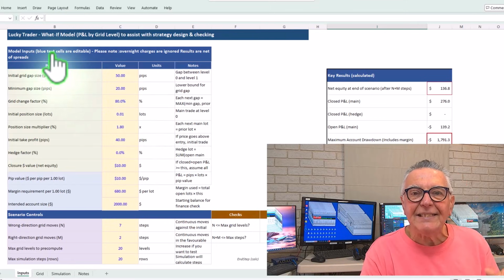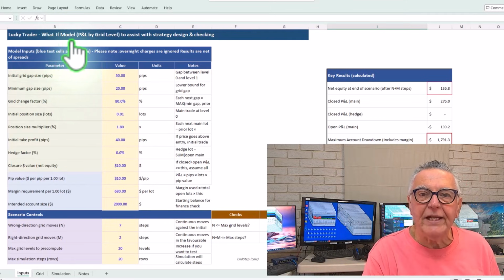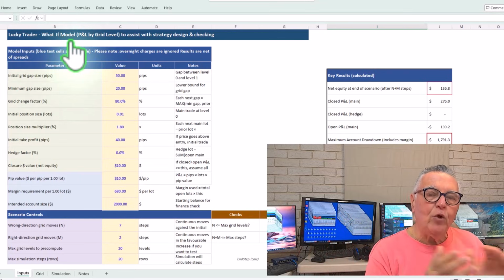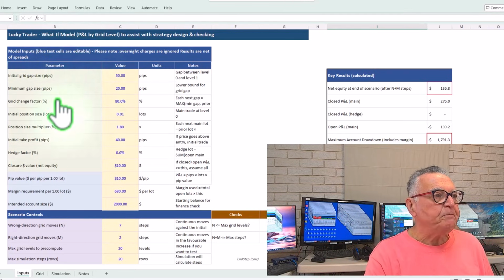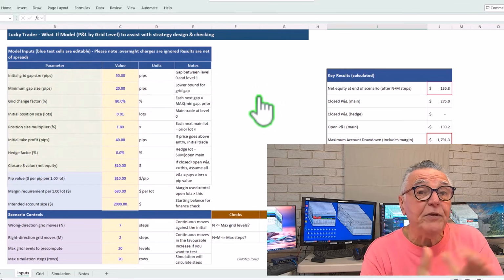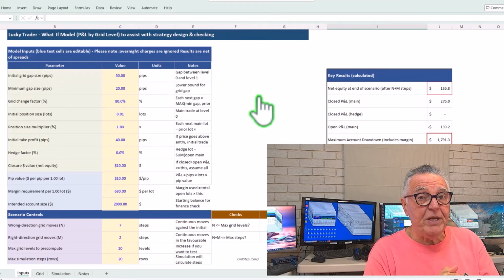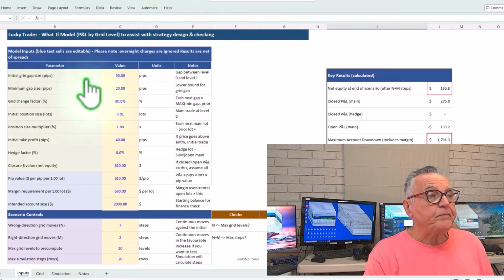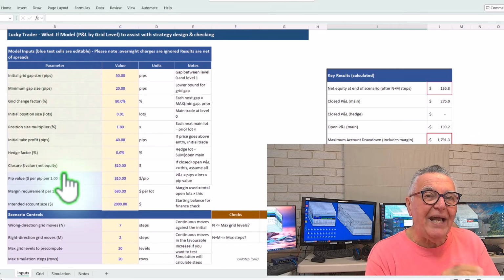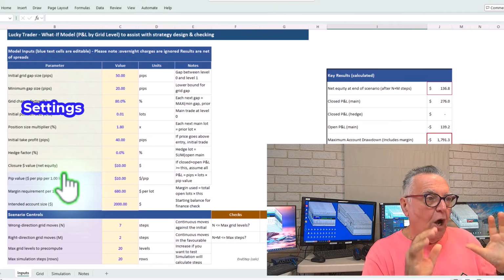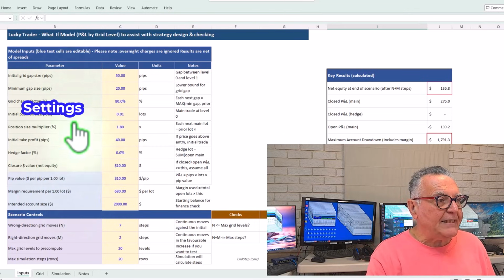This is an Excel what-if model that I've created, as I say, incorporating all the logic of the actual trading EA. And there are actually 5 things that you need to be aware of. Firstly, here are the main settings. The real drivers of profitability have been isolated here, and here you can change those.